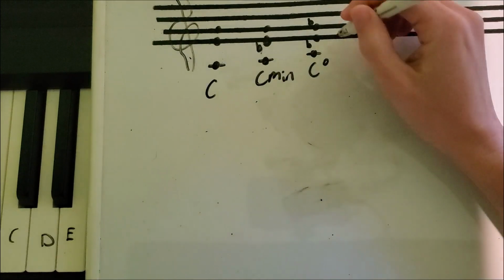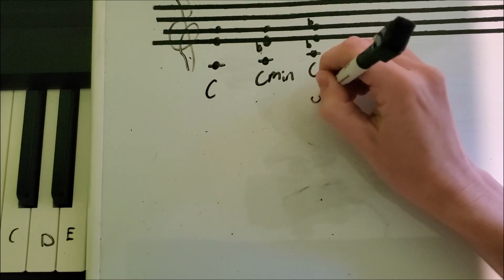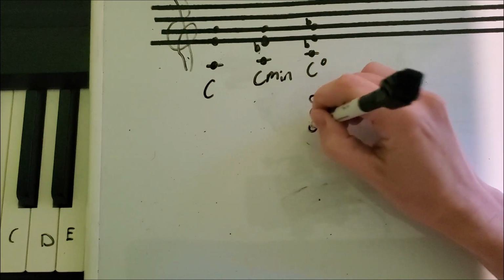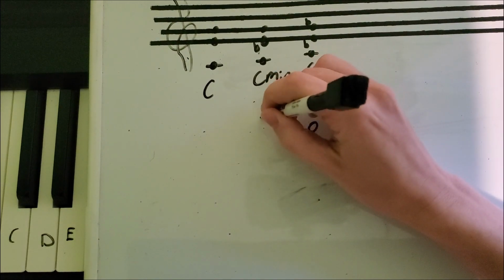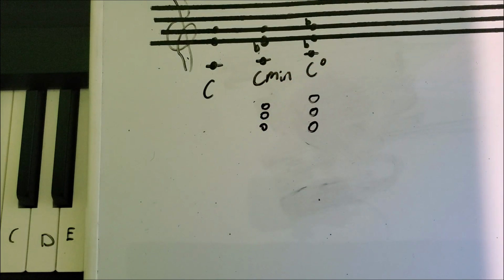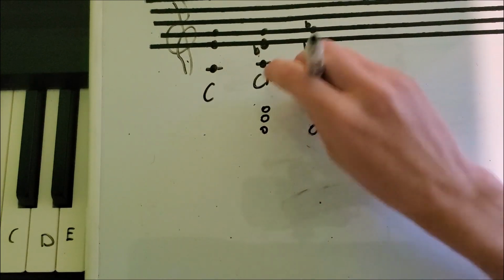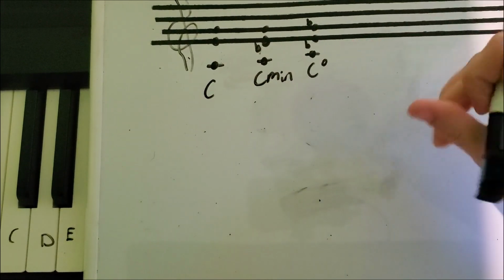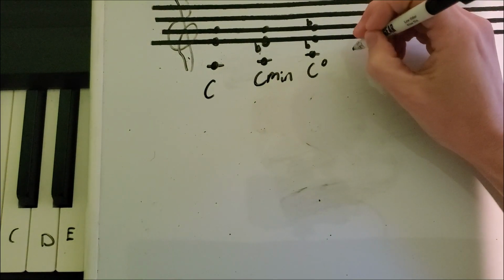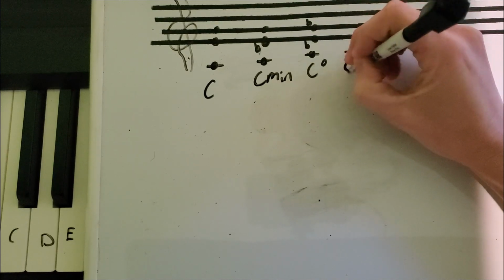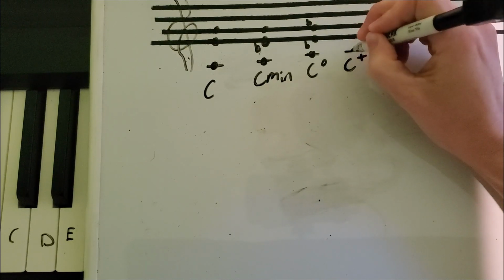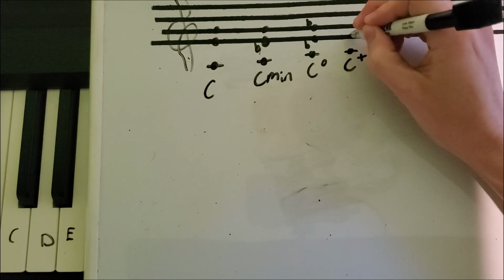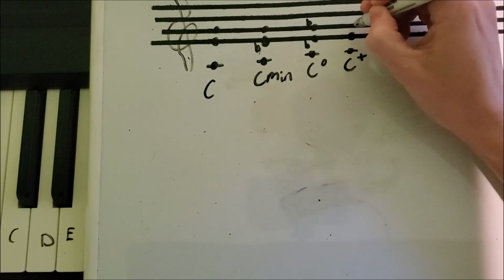So typically chords are going to look like this, or they might have instead. You might see this, the open note heads instead, but I'm just marking spaces with this particular kind of note here for this example. And then we had our C augmented chord. So C and E are the same.